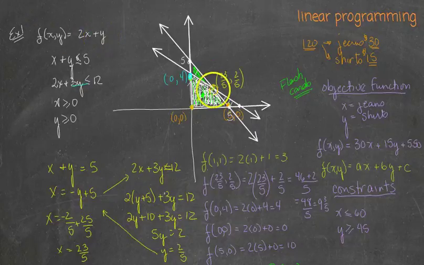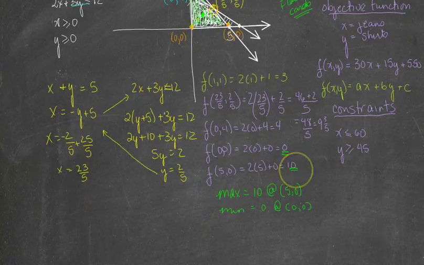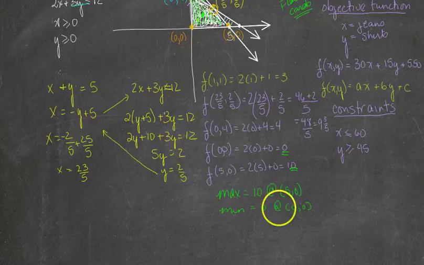Maximums and minimums always happen at a vertex, and I find out which is which by just plugging all my vertices into my function, taking the smallest value as my min, the largest value as my max. And so I can say what combination of x and y I would have to choose in order to get a maximum or minimum value on that range.